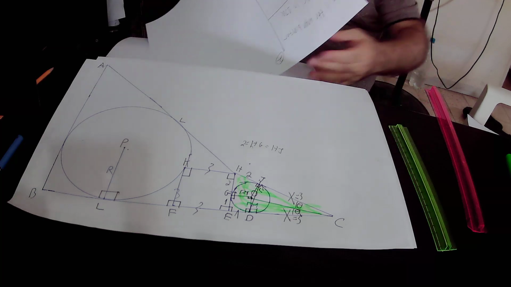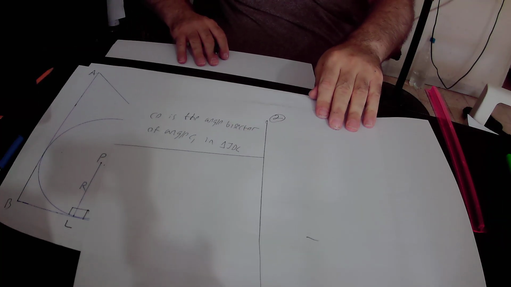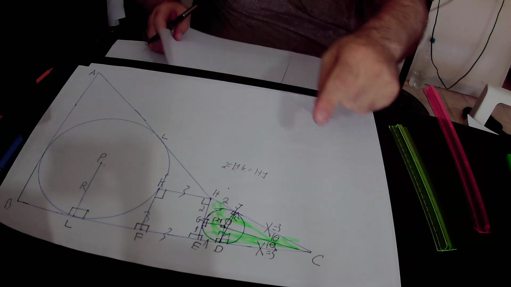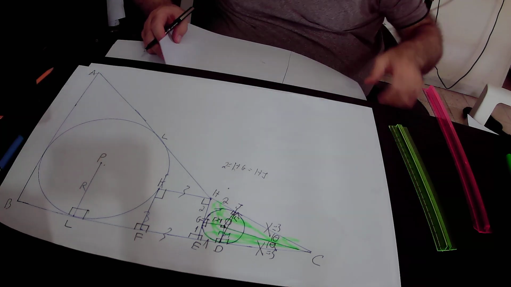I'll repeat again. CO is the angle bisector of angle C in triangle JDC. Why? Because it bisects angle C into two equal halves, theta and theta.